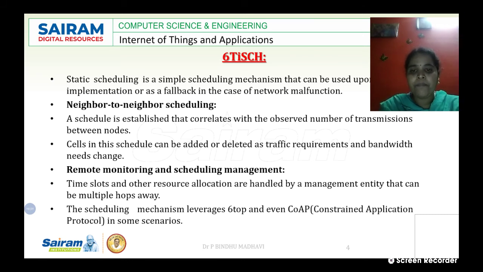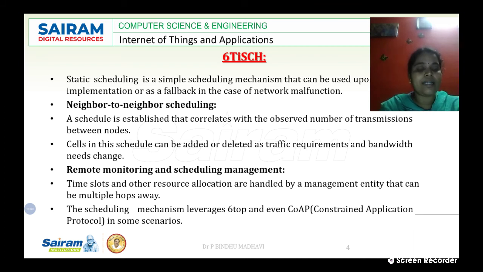A hop is nothing but a unit of distance. The time slots that we can allocate for communication, and the other resource allocation, will be handled in multiple ways, like hop by hop distance or multi-hop distance. Maybe the nodes will be far away, and they will be monitored and then controlled for the data transmission.